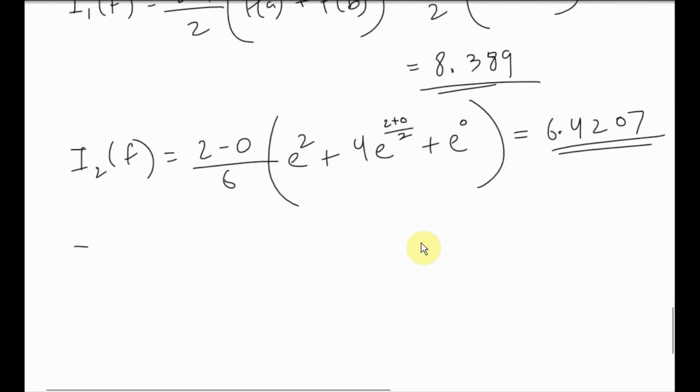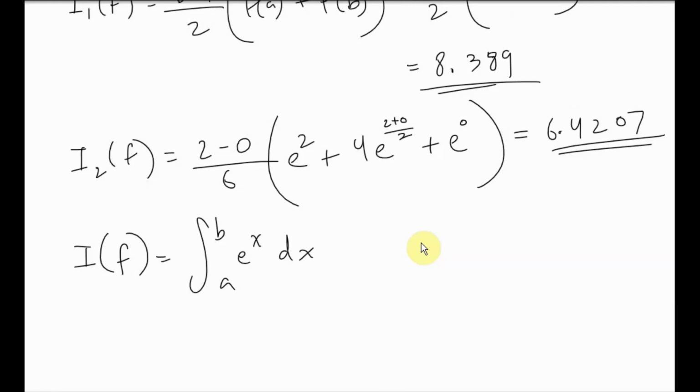Okay, so what about the exact integral? If we're calculating the exact integral of e to the power of x over the interval a, b, where b is equal to 2 and a is equal to 0, right? So what we're finding is e^x evaluated from 0 to 2.